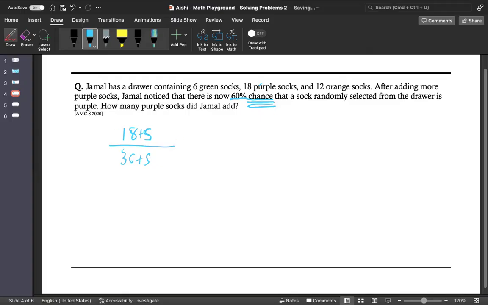So this is the probability that he's going to get a purple sock, which is equal to 60 over 100, right? And then, which is 6 over 10, which is 3 over 5. So now we can cross multiply.